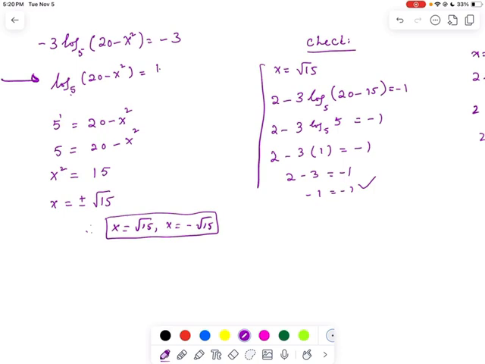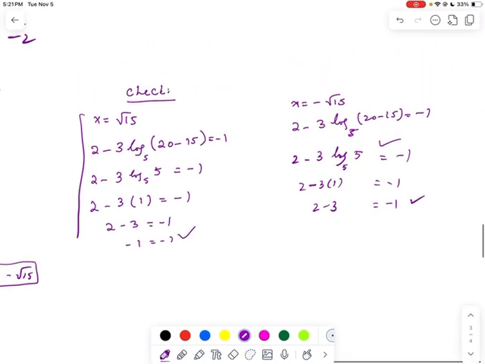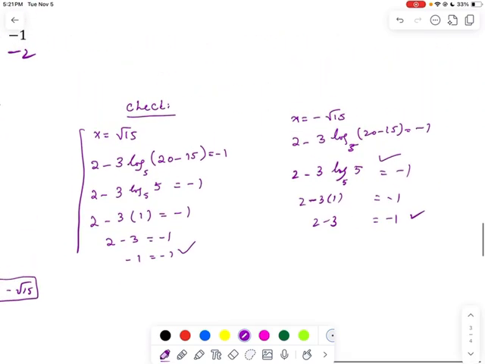Now what is log of 5 base 5? That is 1. So we get 2 minus 3 equals negative 1, which is correct. In the same way we do x equals negative square root of 15, and we see that we get the same result. So both are solutions. Okay, so this is how you do simple logarithmic equations.